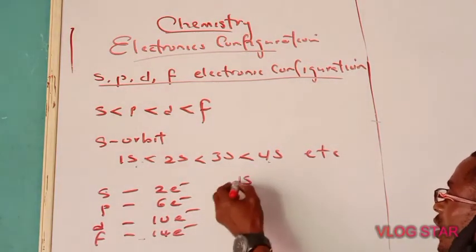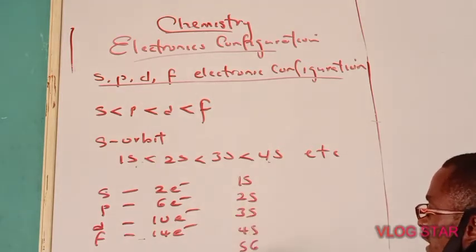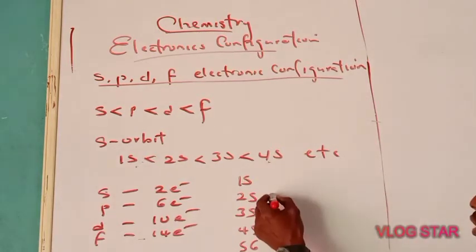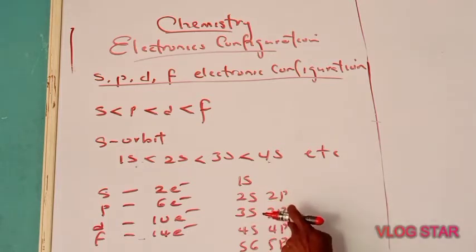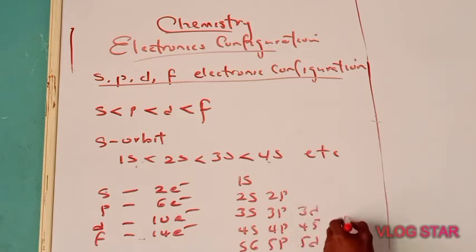I did 1s, 2s, 3s, 4s, 5s, 6s, 7s. When I started with p, I started from the next one: 2p, 3p, 4p, 5p, 6p. When I started for d, I started from 3d, 4d, 5d. When I came to f, I started at 4f, then 5f.